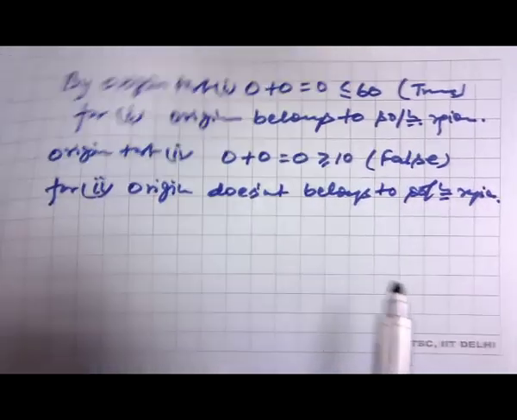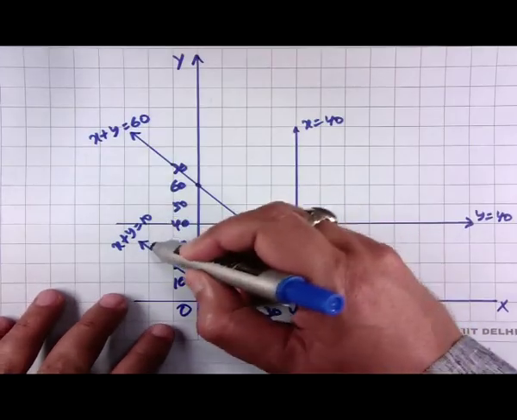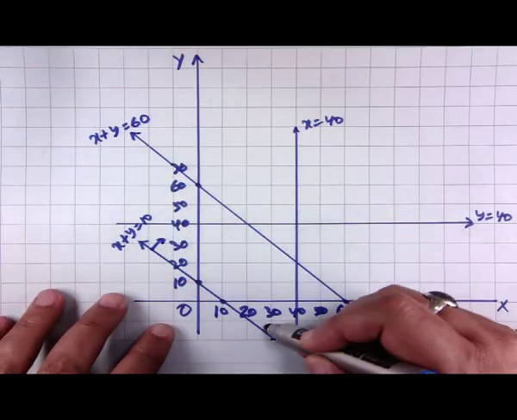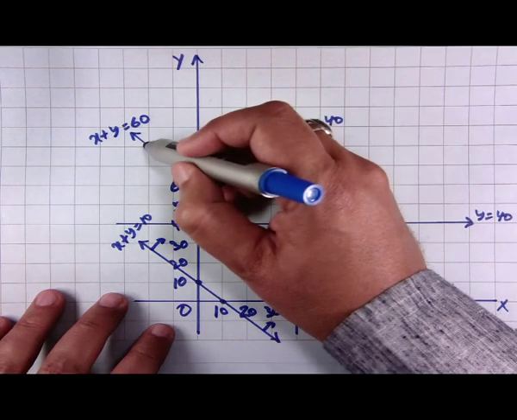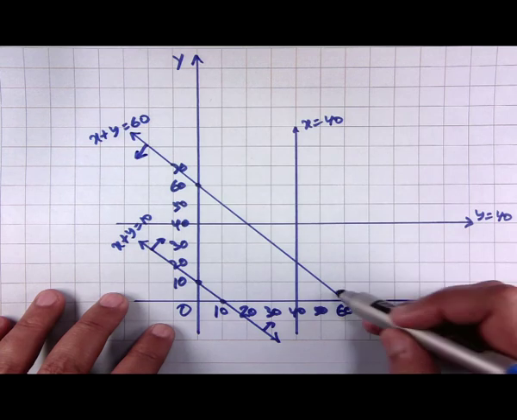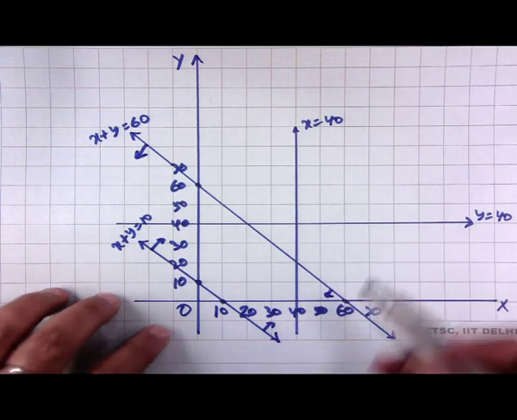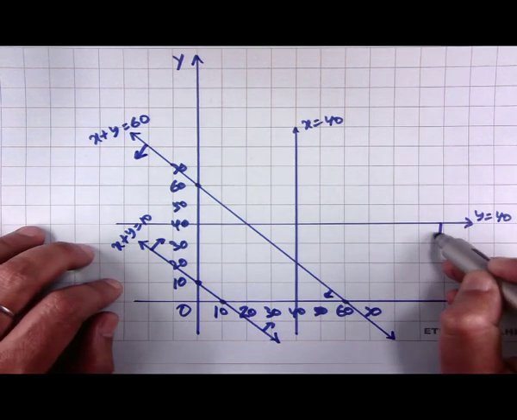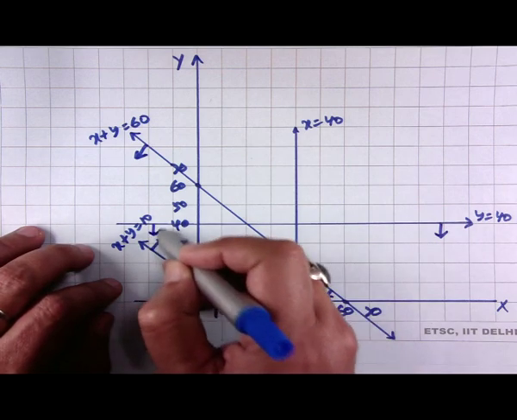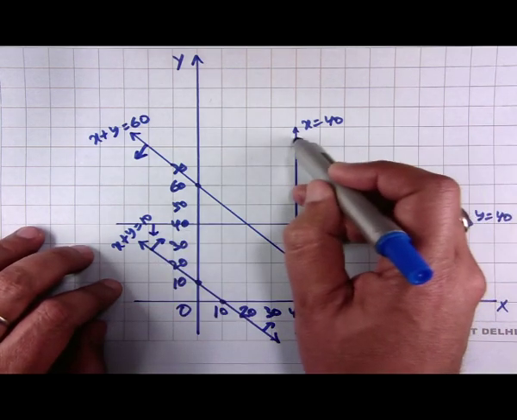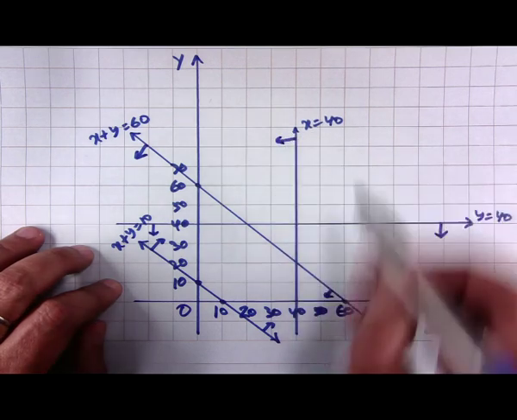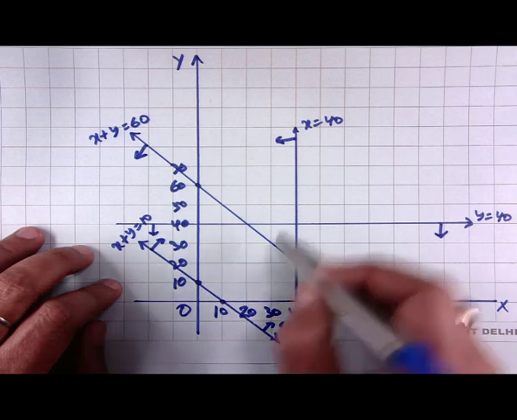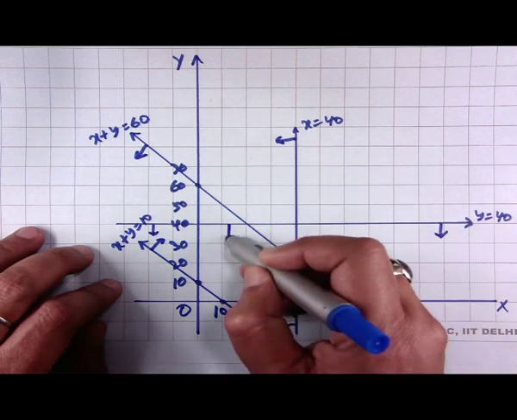So the feasible region: for x plus y equal to 10, the origin is not included, and for x plus y equal to 60, the origin is included. y less than equal to 40 means below the line, and x less than equal to 40 means left side of the line.